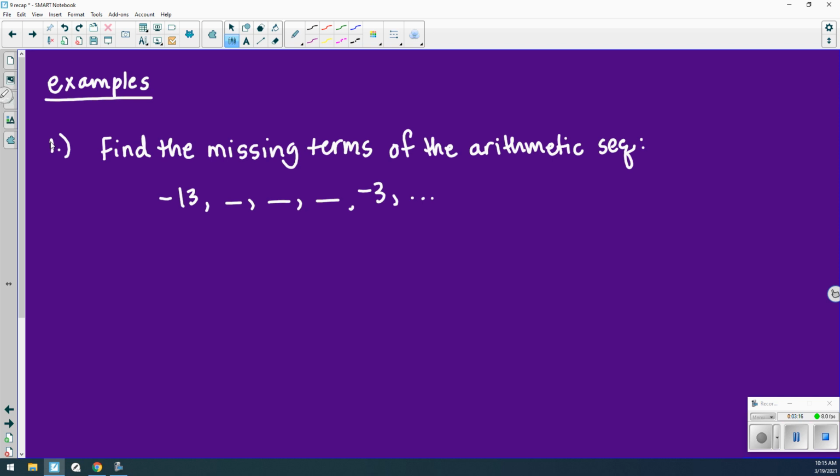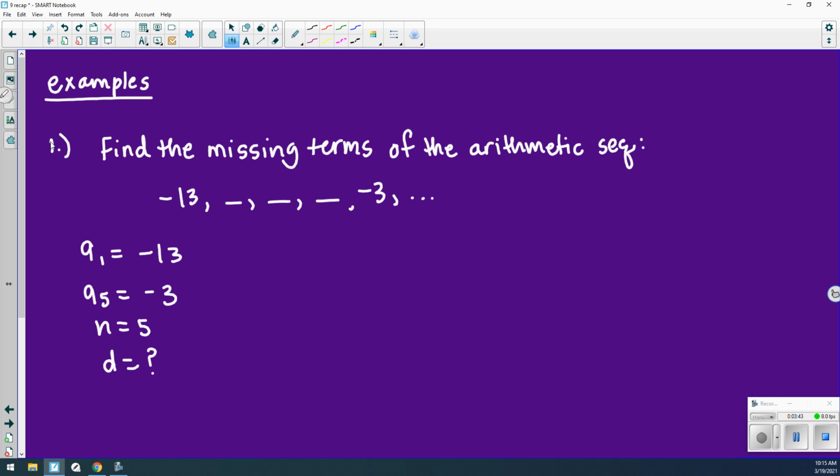So I start and ask myself, what do I know for sure? I know that a sub 1 is -13, and let's see, 1, 2, 3, 4, 5. A sub 5 is -3, n is equal to 5. I don't know what the common difference is. This is an arithmetic sequence, so what I really need to know is the difference from one term to the next.